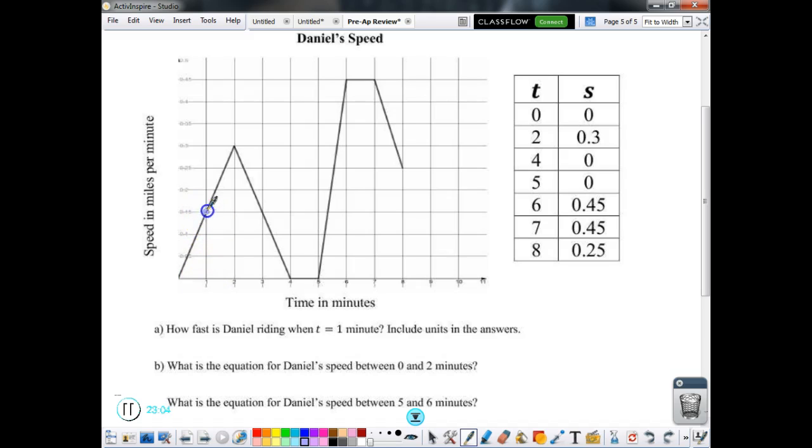I don't know. 0.15. I know they're hard to see. It's going to be easier to see on the test. So it's 0.15 miles per minute. Okay, what is the equation for Daniel's speed between 0 and 2 minutes?